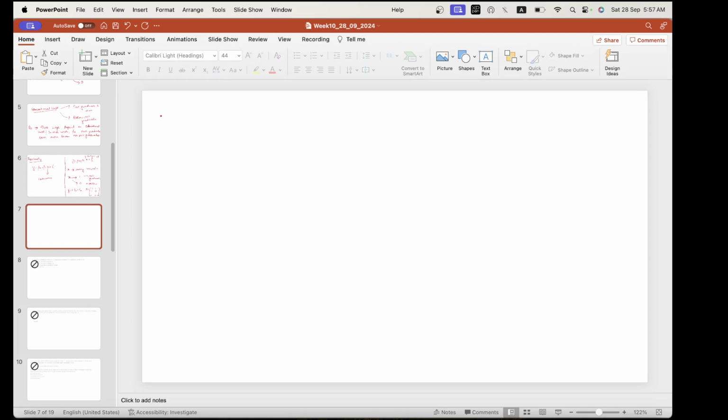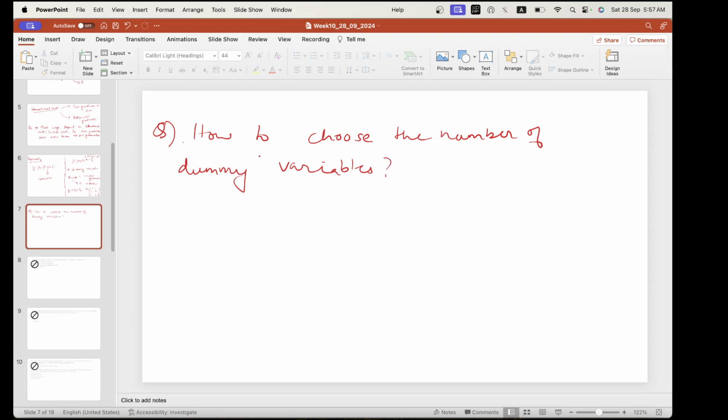Okay, we could also have cases where we require more than one dummy variable. So the next question is how to choose the number of dummy variables. Let me go back to that gender example.